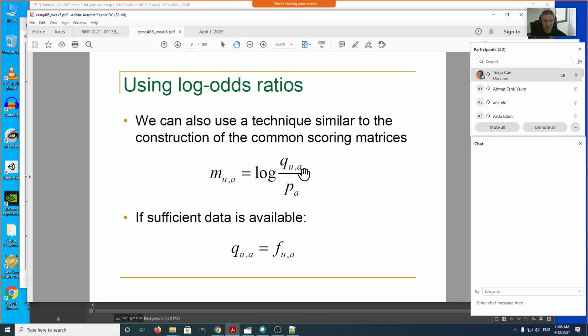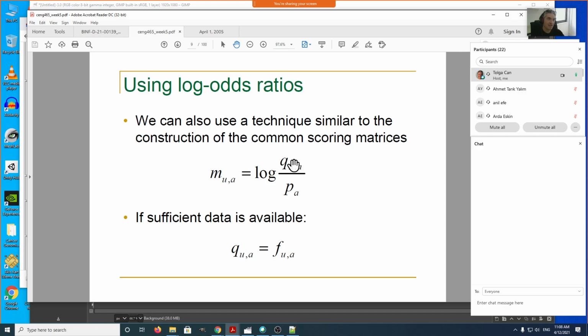If, for example, an amino acid type occurs with 0 frequency, if we directly use the frequency, if amino acid type A occurs 0% in that column, we now have this log 0 problem, which is going to say that the mismatch penalty to try to align some amino acid type A to that column is going to be minus infinity.